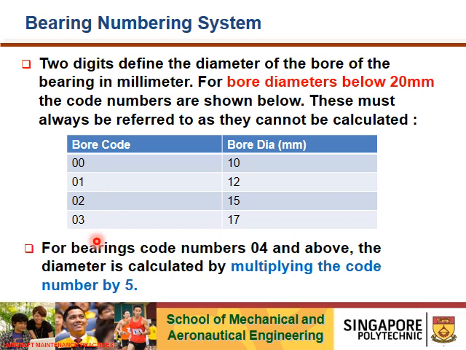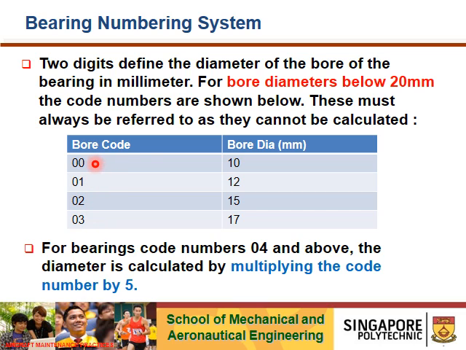But if you have a bearing code number of 04, for example 6904 or 6104, then you multiply the number by 5. I say again, 00, 01, 02, 03 is a direct reading.